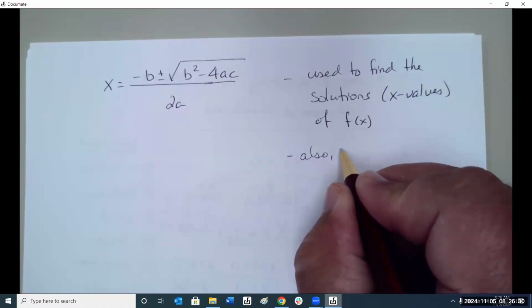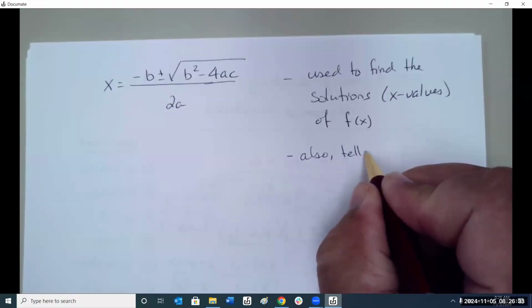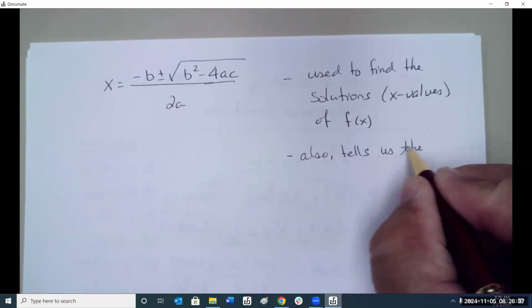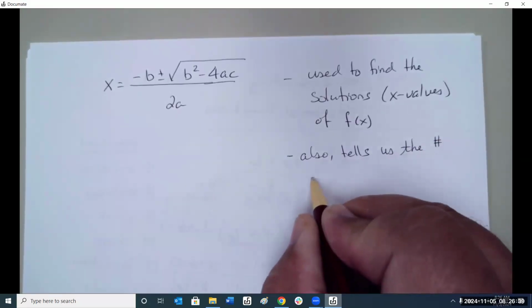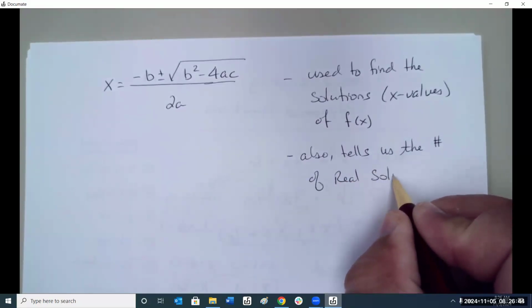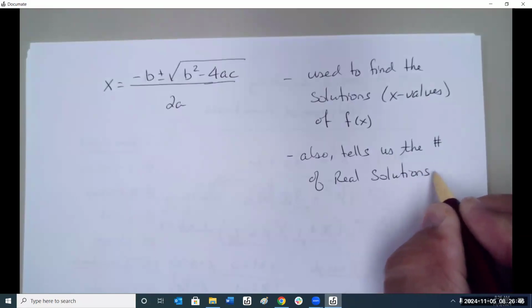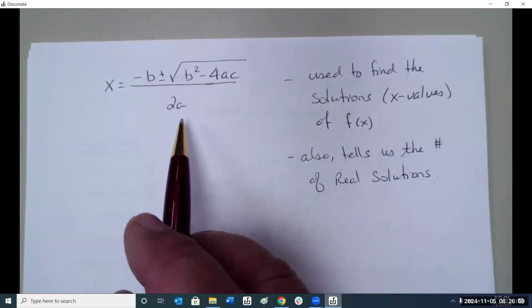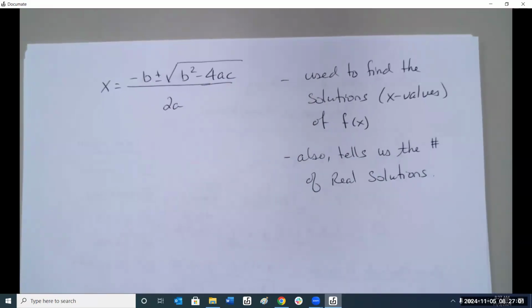It also tells us the number of real solutions. Because it's quadratic, we know it has 2 automatically, at most 2. But with this function, we'll know exactly how many real solutions we're going to have.